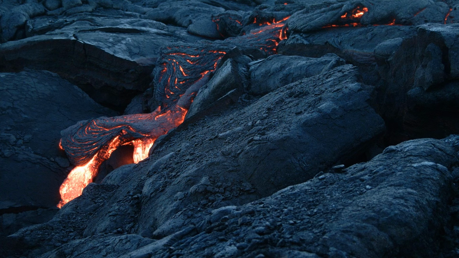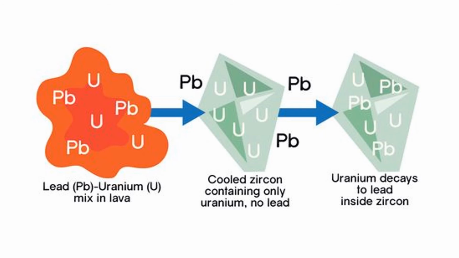Zircon forms when hot fluid molten rock, or magma, cools down and becomes a solid igneous rock. Although pure zircon consists entirely of zirconium, silicon, and oxygen, when the mineral forms, it will usually take up other elements along the way, like lead and uranium.